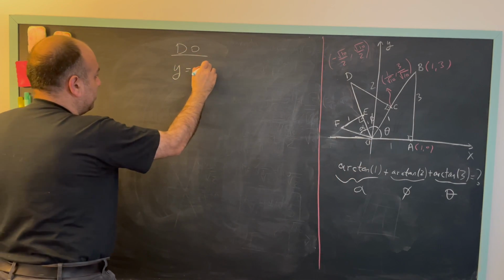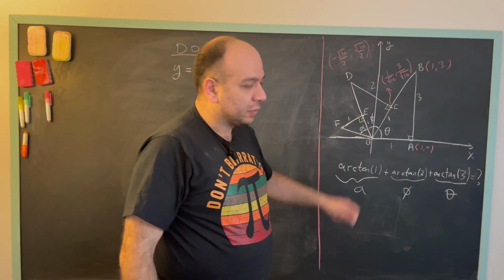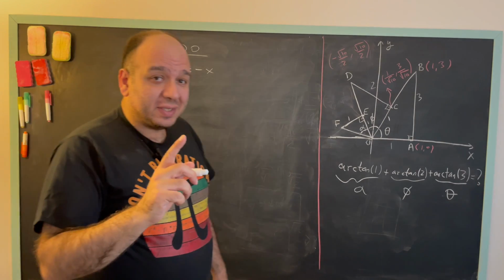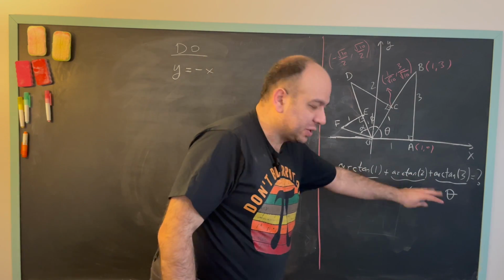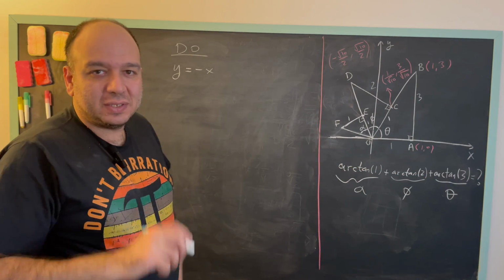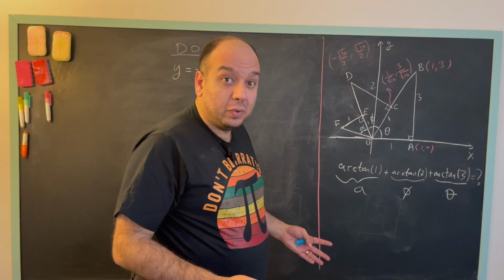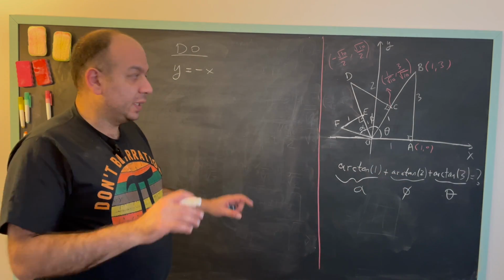So y is equal to minus x is nothing but the line equation of DO, right? This is good. So at this point, I actually know the answer here. Okay? Answer to this question. So please write in the comments how I can know the answer to this question. Okay? Right at this point.